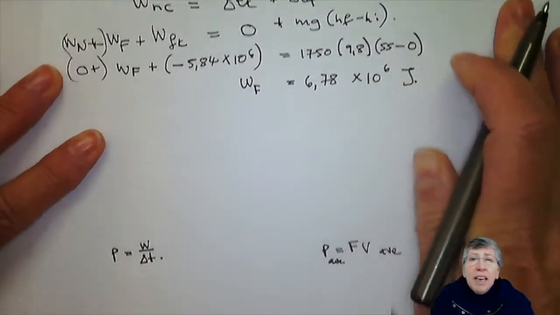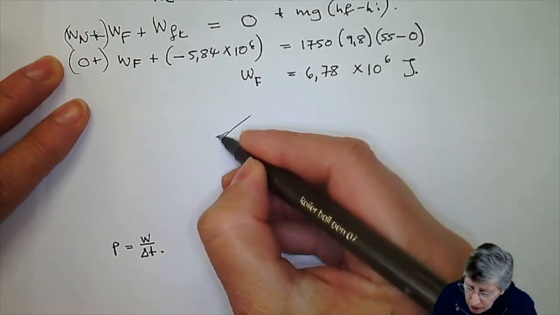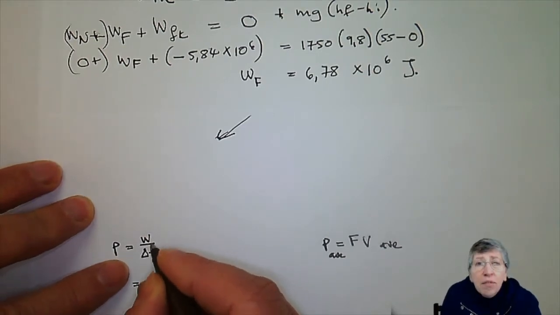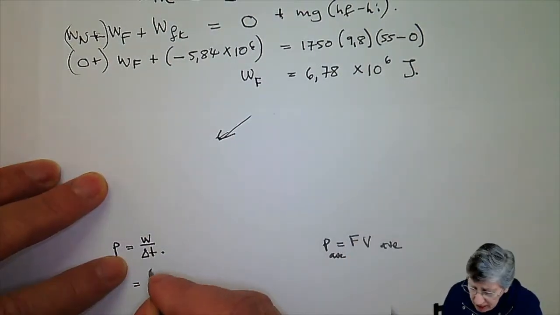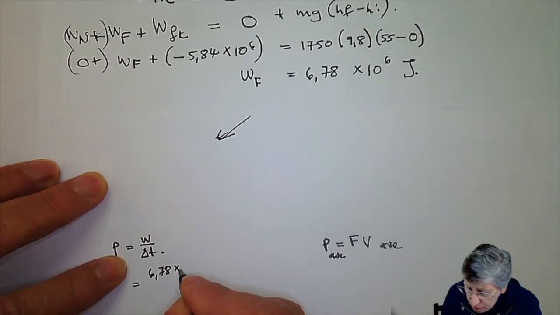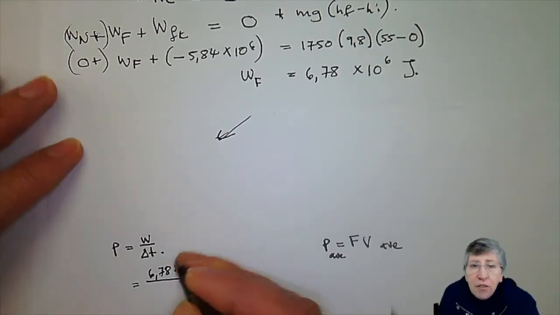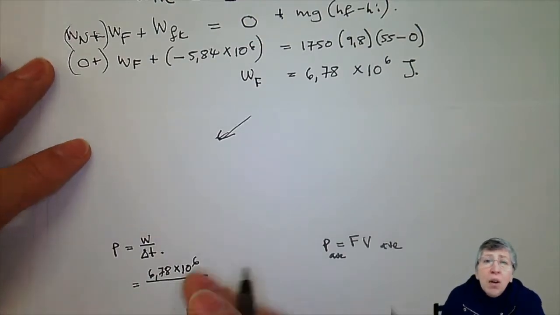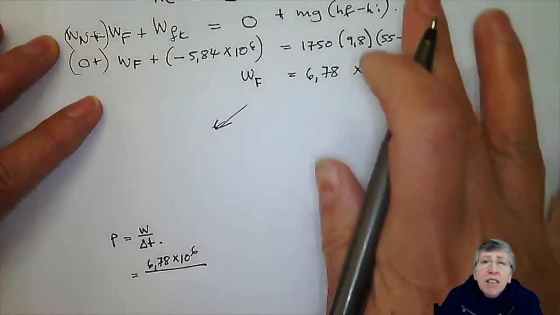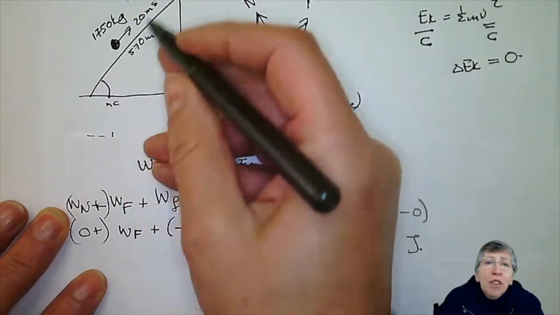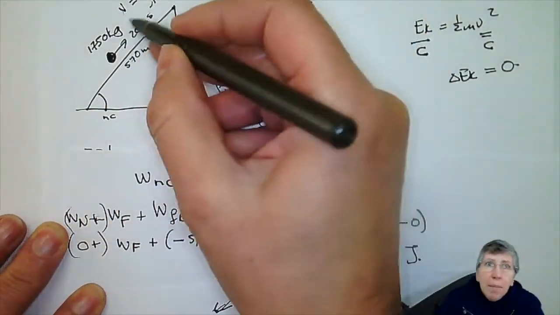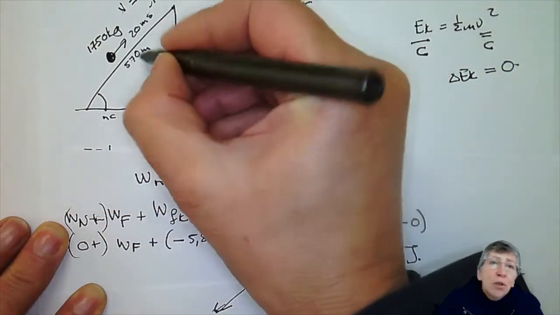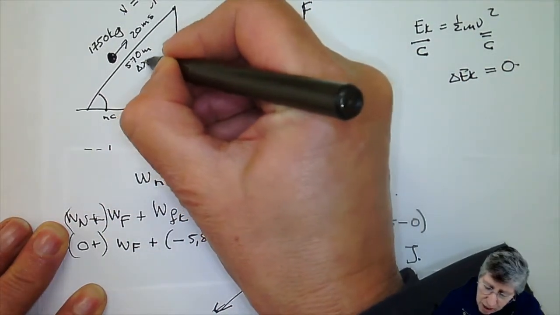If you are going to use that one, we've already got the work done by that engine, and that is 6,78 times 10 to the 6. So the problem would be to get the time. To get the time is not that difficult, because you have the velocity everywhere because it's 20, and you also have the distance, the delta x over there.